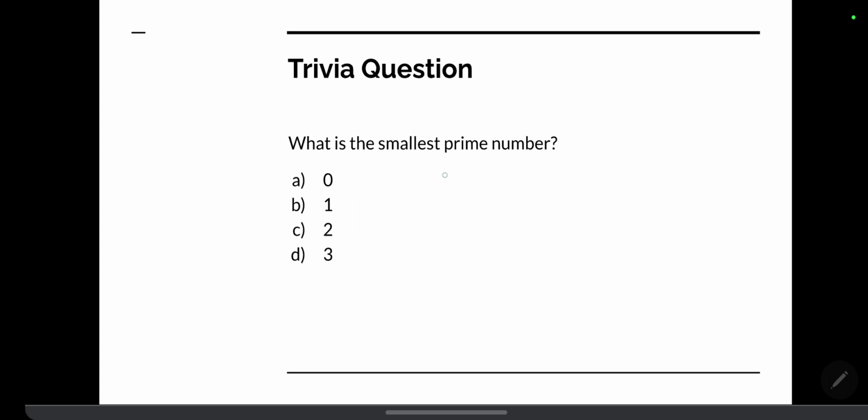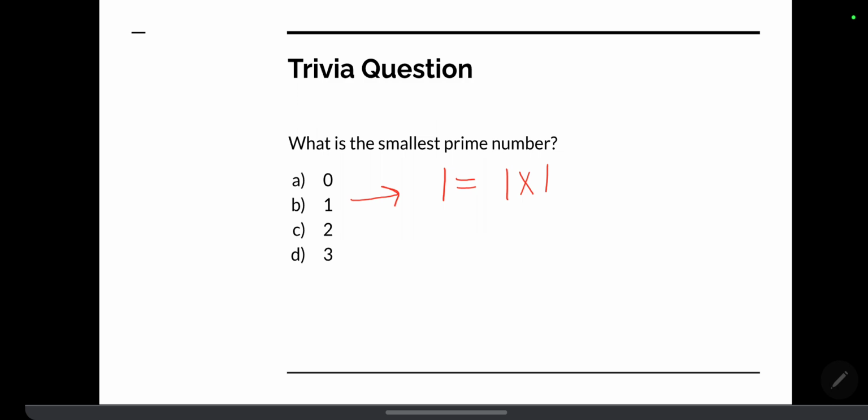So for one, let's talk about one here. 1 can be represented by 1 times 1. Okay, so how many factors do you see here? There's only one factor. That's 1. So it doesn't have exactly two factors. It has only one factor. So actually, 1 is unique here. It's neither prime nor composite.